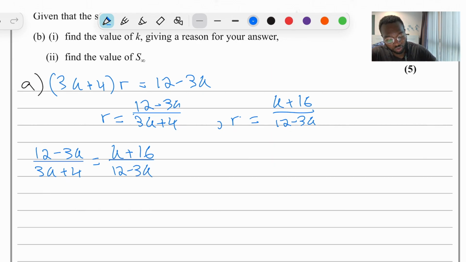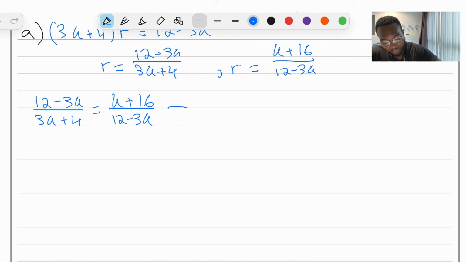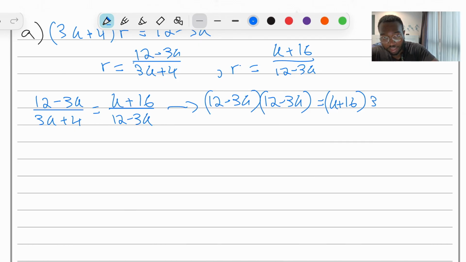And then we can just cross multiply now. So let's do it over here. We get 12 minus 3k, 12 minus 3k, and that is equal to k plus 16, and then 3k plus 4. Okay, and now we just need to work these out. If we do that down here, we get 144.